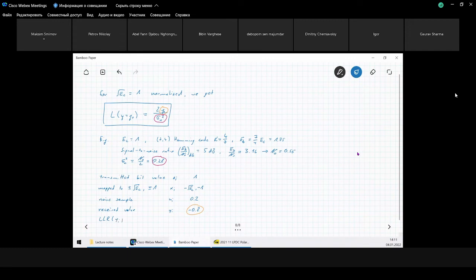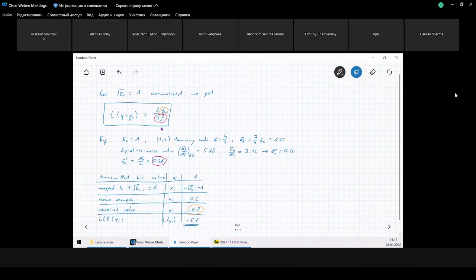So we call this L of yi. This turns out to be minus 5.8. So this means if we observe a minus 0.8, it's very likely that a minus 1 was transmitted.